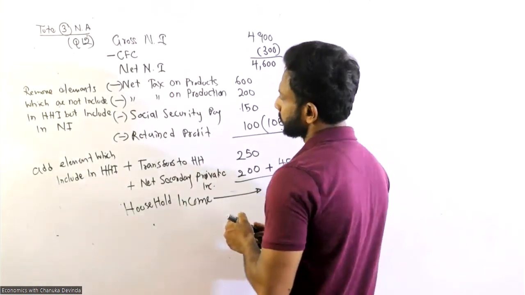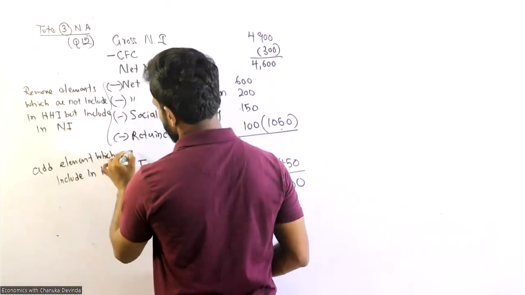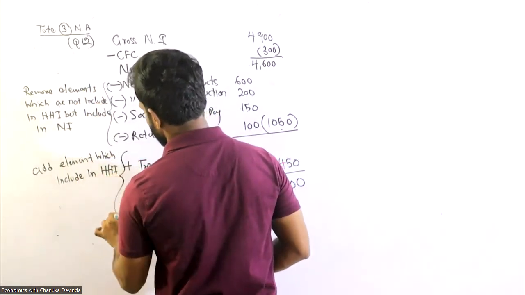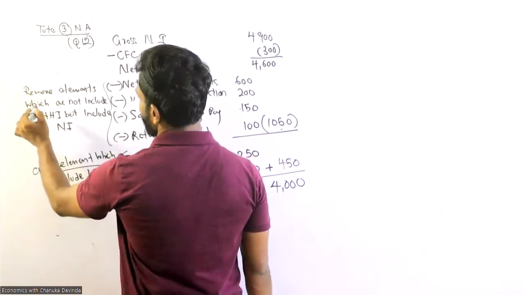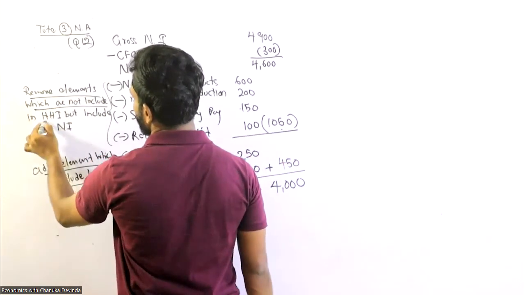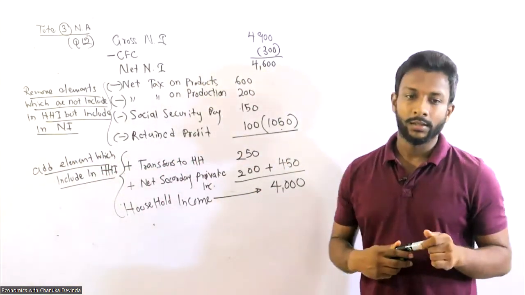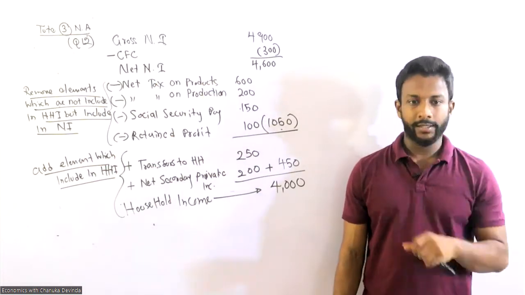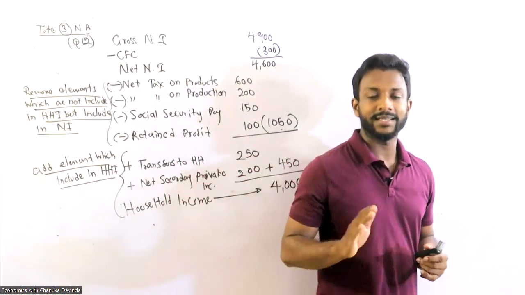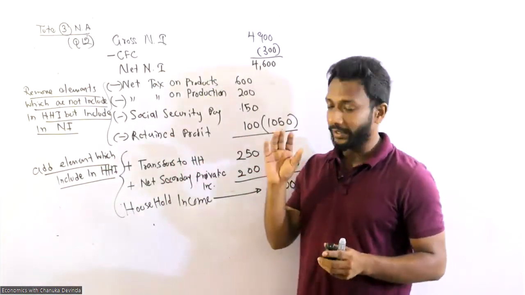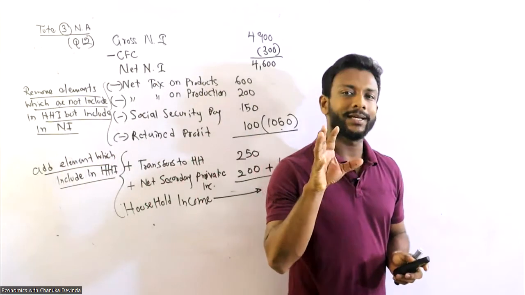So here add elements which are included in household income but not included in national income. Remove elements which are not included in household income but included in national income. Right? Homework done and dusted. Right? It is easy, but the thing you need to understand is you need to get the concept, right?